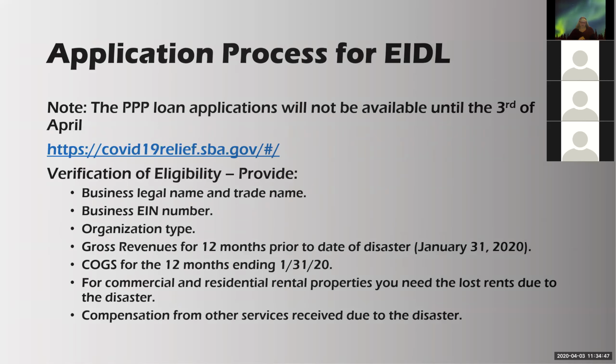So that means that the 12 months is February 1st of 2019 through January 31st of 2020. So you have to be really cautious of making sure that your reports and stuff have those dates on it, because otherwise you're going to kick yourself out.